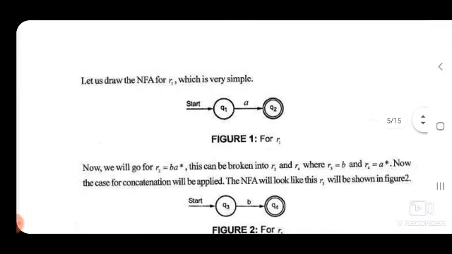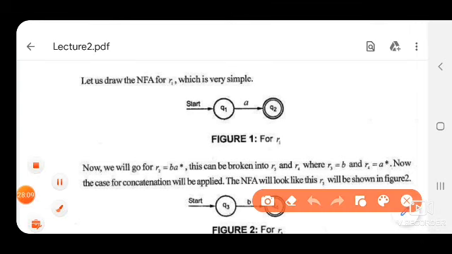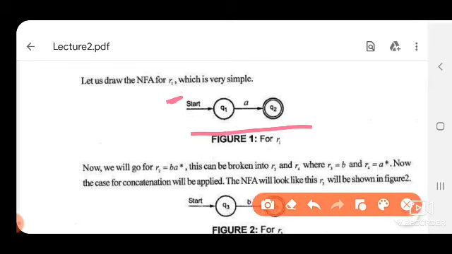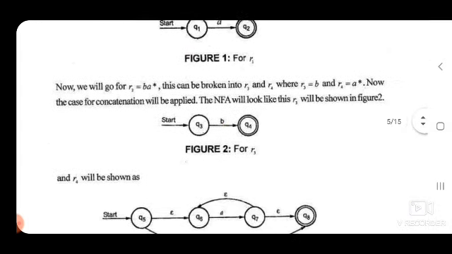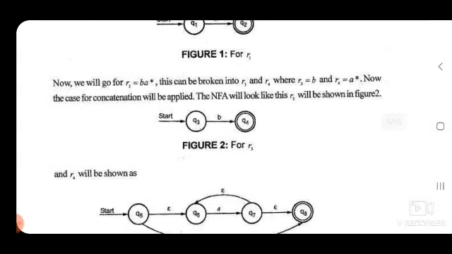Let us see. R1 is a, so for R1 we can draw the NFA like that. There are two states Q1 and Q2, and there is a single transition, that is small a, from Q1 to Q2. And for b, in a similar way, we have an NFA for b.